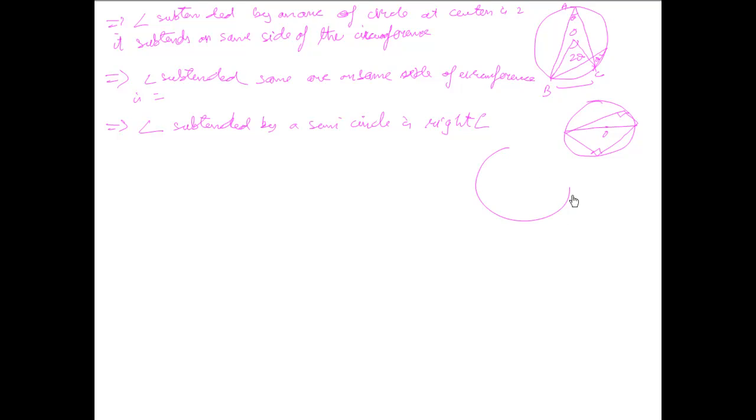If you've got a cyclic quadrilateral, that means all the vertices are on the circle. Then the opposite angles add up to supplementary degrees, that's 180 degrees.